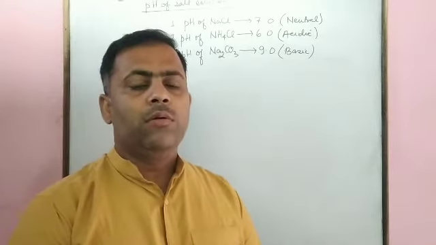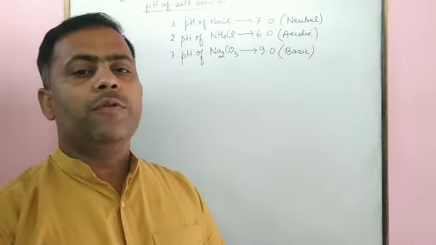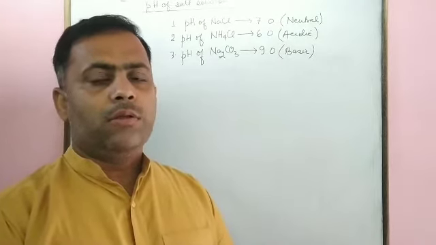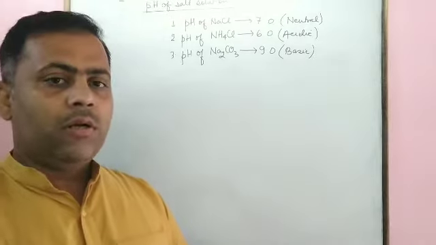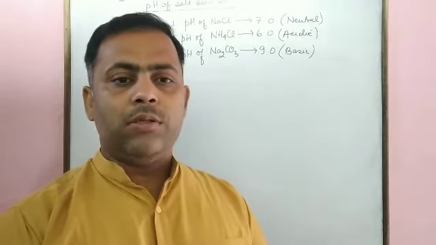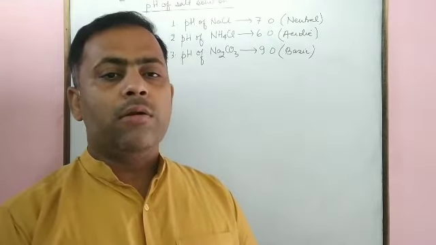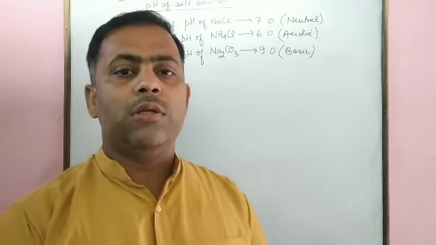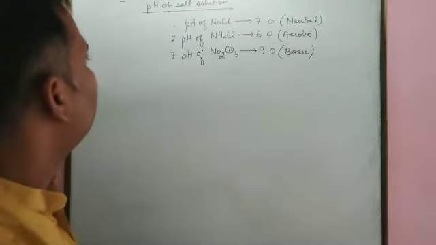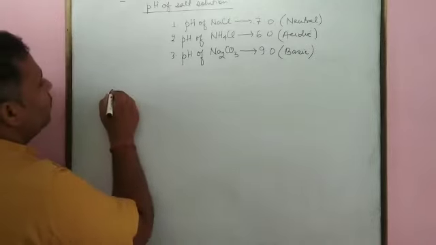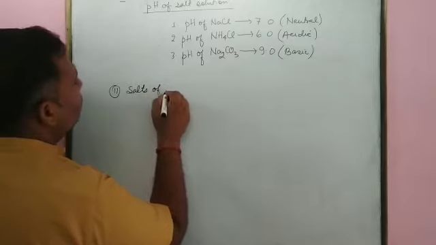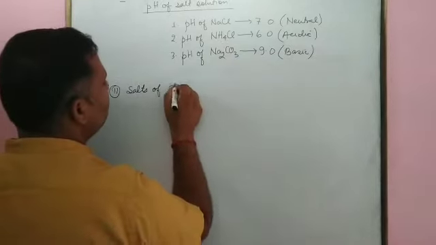Next, we will discuss the salt of a stronger acid and weaker base. The salt which is the result of neutralization between a stronger acid and a weaker base, on hydrolysis, produces an acidic solution. For example, ammonium chloride.